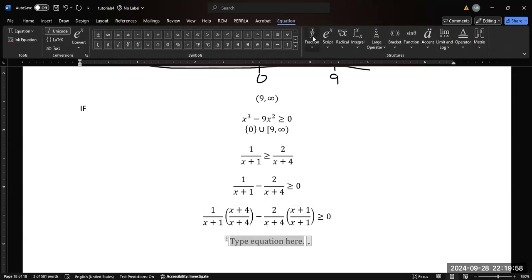So our common denominator will be x plus 4 and x plus 1 in any order. And then our numerator will be 1 times x plus 4, which is just x plus 4, minus 2 times x plus 1. And then we can simplify x plus 4 minus 2x minus 2. Don't forget to distribute.